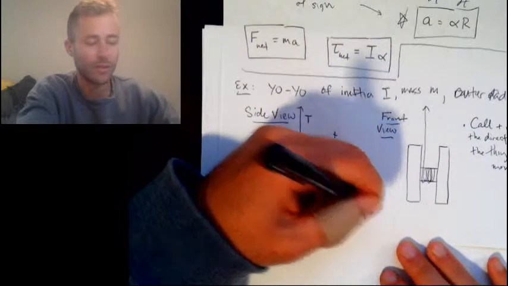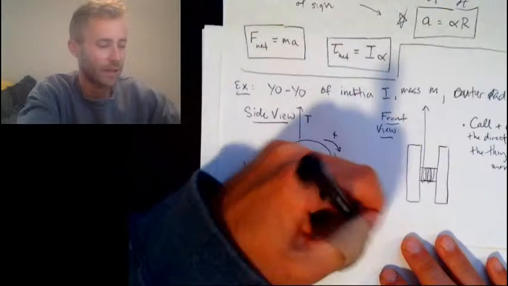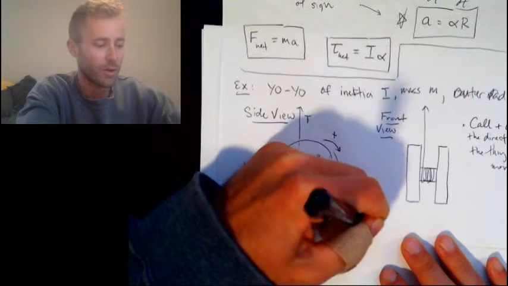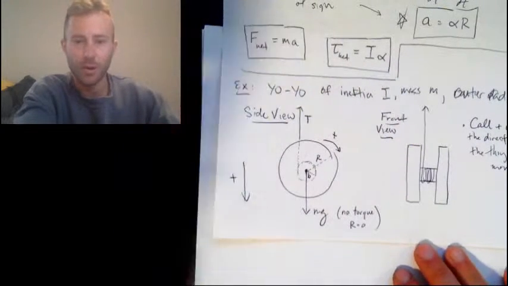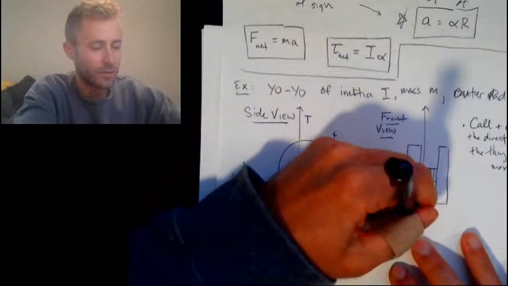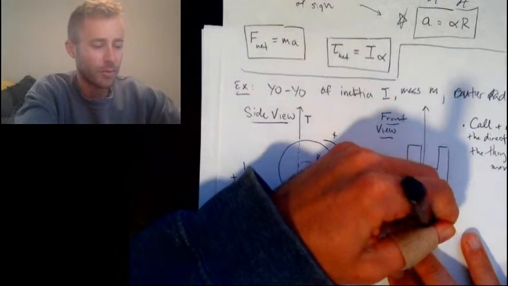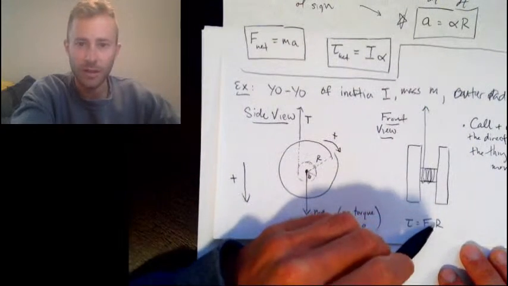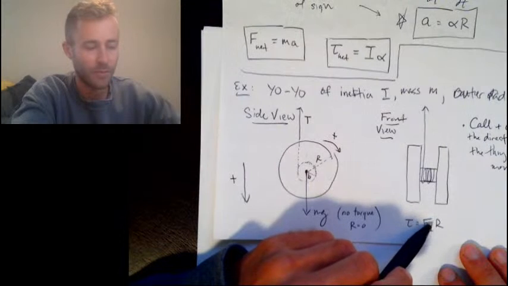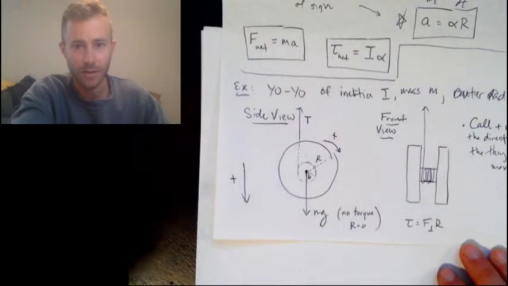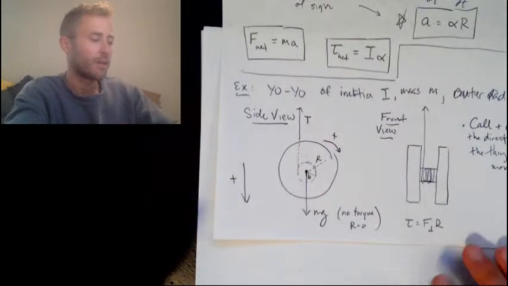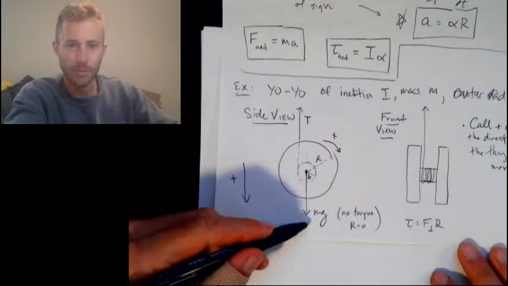And the reason is that it's acting from a location where r equals 0. And if you recall, the definition of torque is F perp times r. So if a force is acting from 0 distance from the pivot point, then it has no torque. Okay? So gravity has no torque.